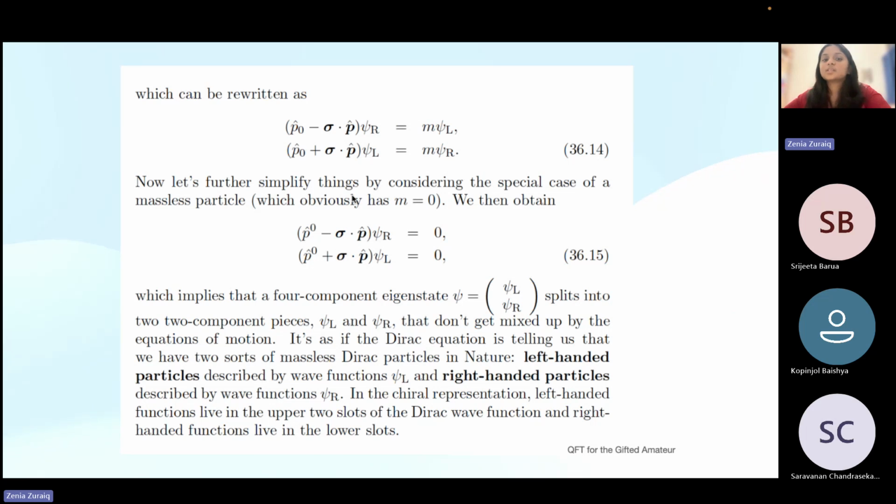So if we now simplify things further by considering a special case of a massless particle. Remember that the Dirac equation is for spin half particles. So can any of you give me an example of a massless spin half particle?